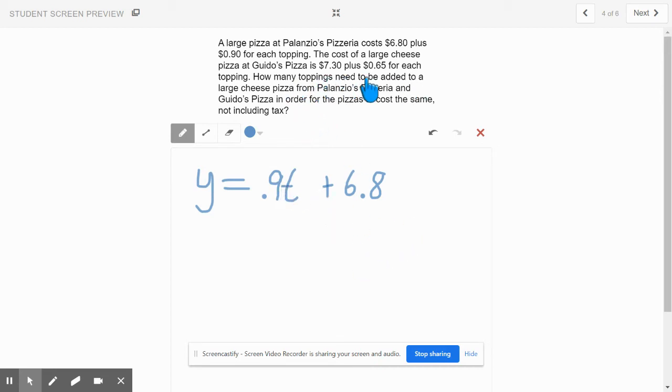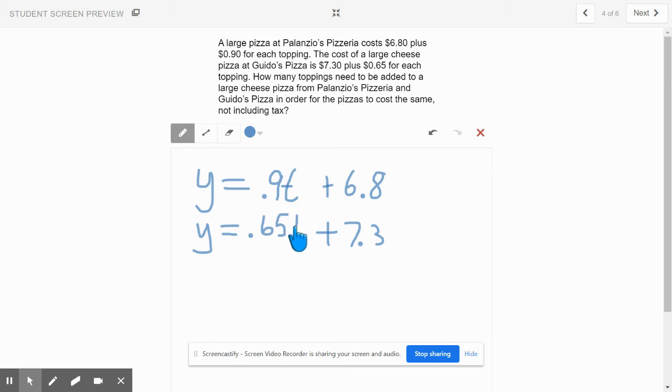Go ahead and do the one for the bottom, the same idea. And then, well, I'll help you. I'll keep you going. I know it may be tough to get all the work in here. Write it small if you can. And then it's going to be plus 730, right? That's the initial cost. And then 65 cents per topping.